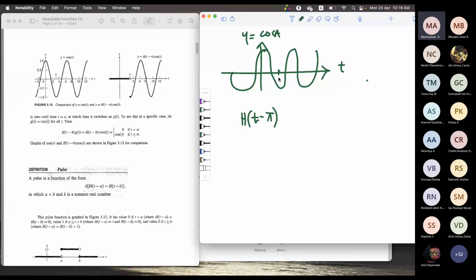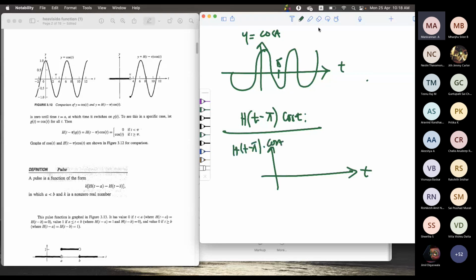So the graph of h of t minus pi into cos t is 0 up to the pi point. To the left of pi, even though the graph exists, the unit step function, or the Heaviside function, makes it 0, right?